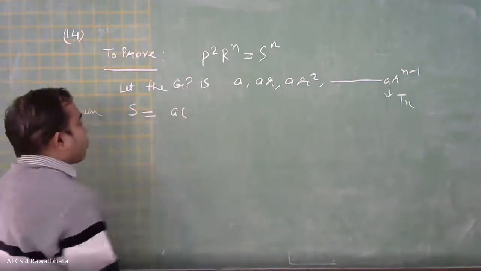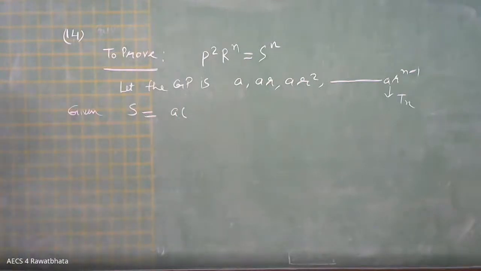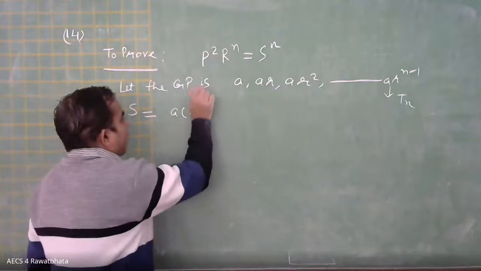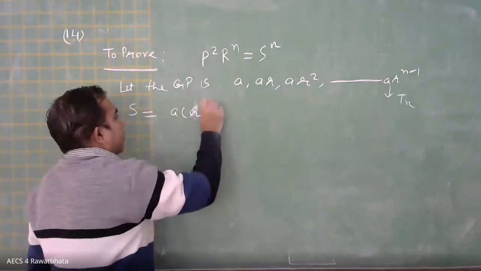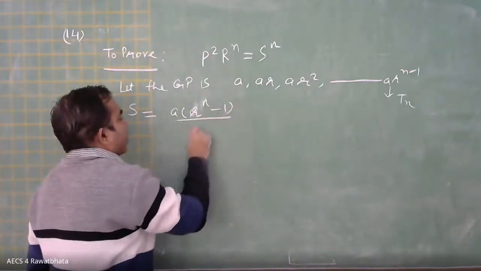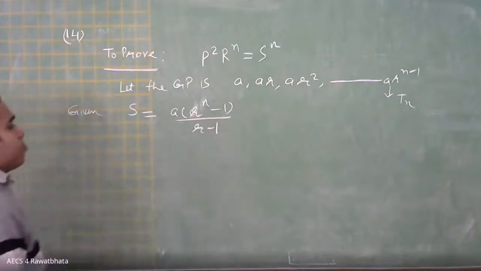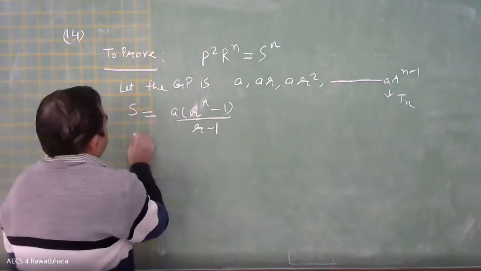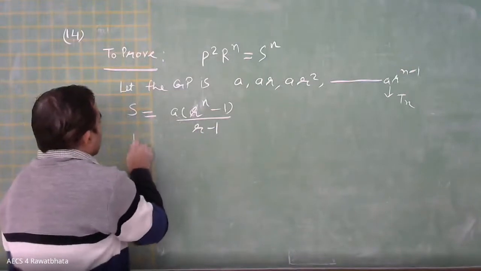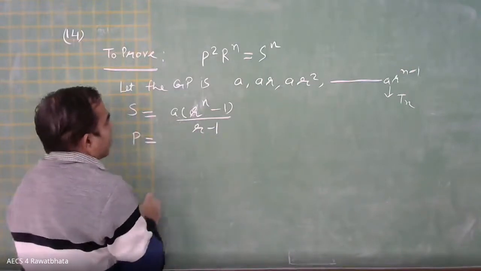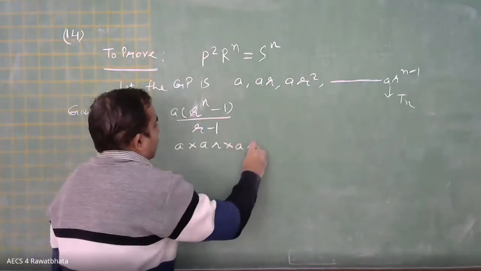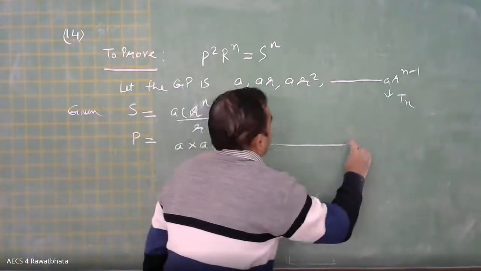So I have a formula for writing the sum of all the terms. The formula is S equal to a times r to the power n minus 1 upon r minus 1. And P is equal to the product of these terms. So product means this. Let us write the product. This will be the product.